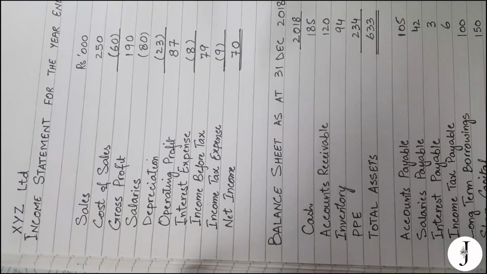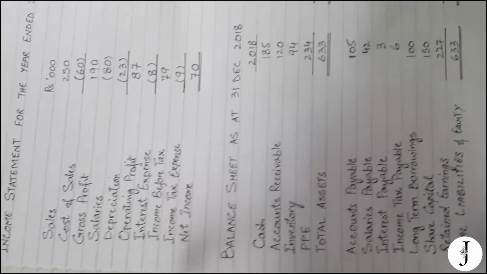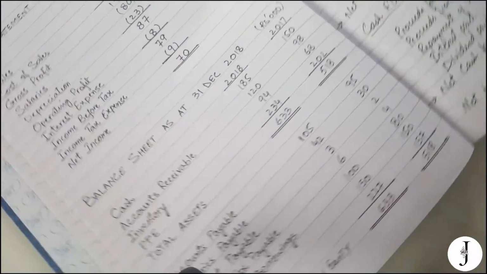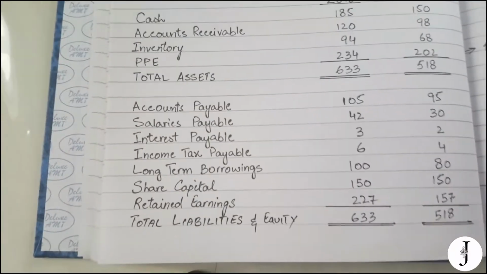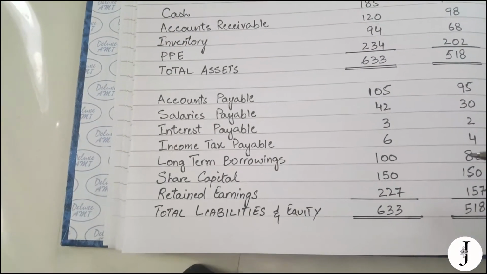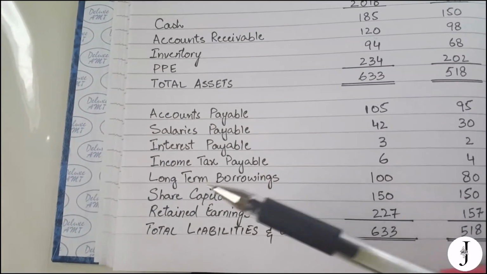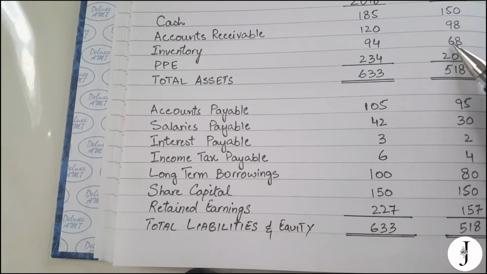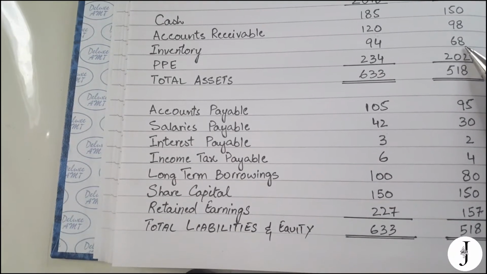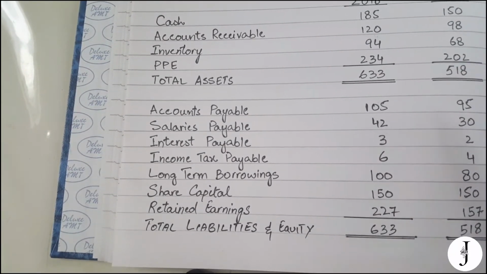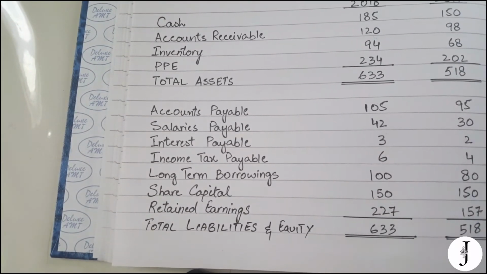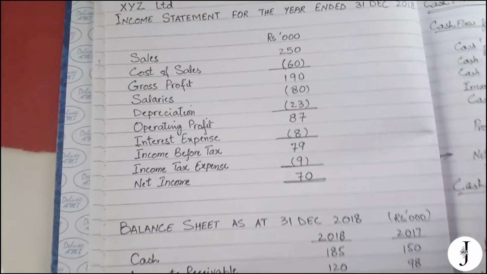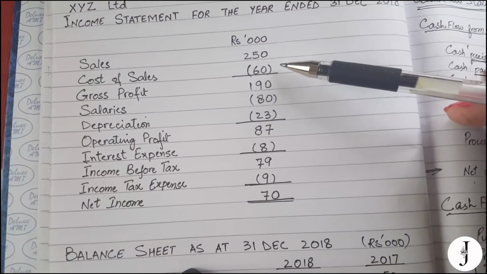This is the information from income statement and this is the information from inventory and this is the information from balance sheet. Here we are given the inventory opening and closing balance, but we are not given how much inventory is purchased. This inventory purchase is related to cost of sales.